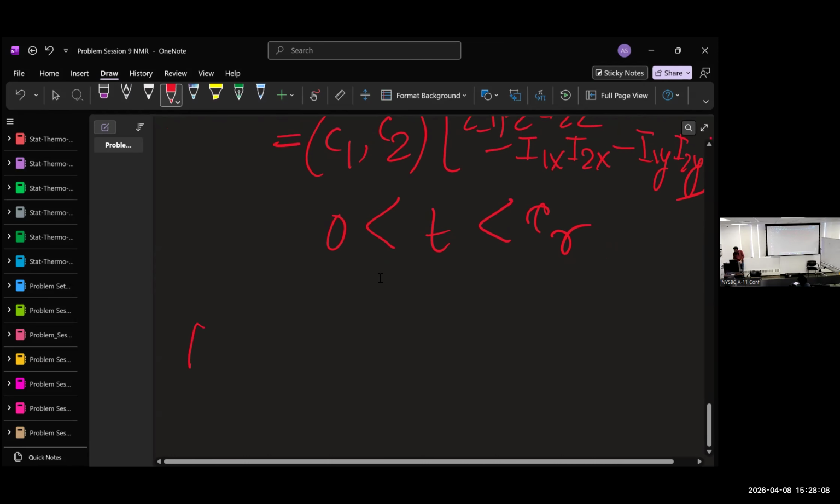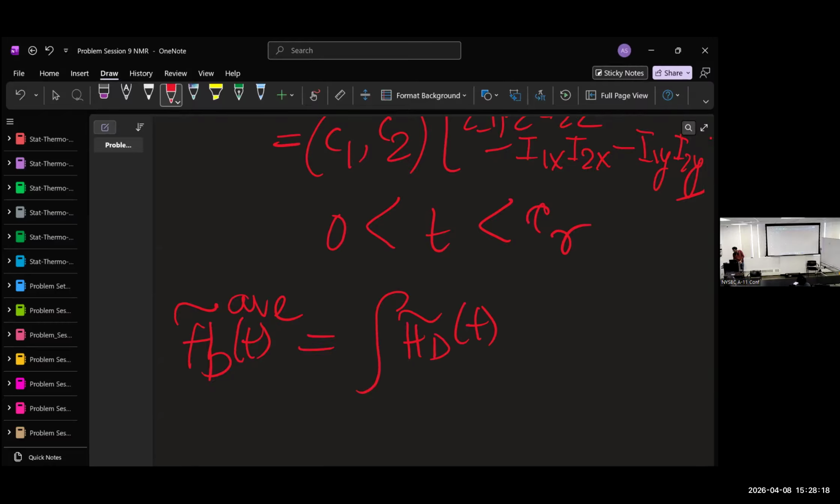This was the interaction frame Hamiltonian. The average, which is this integral, is 0. Does this make sense?